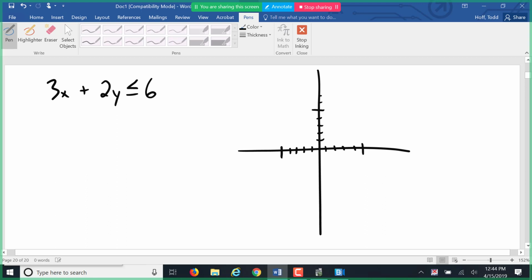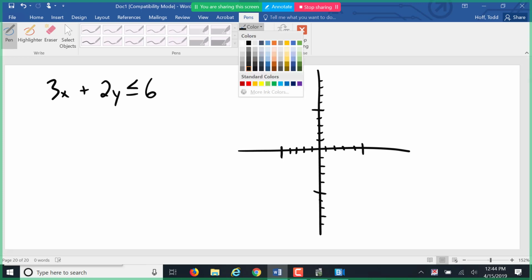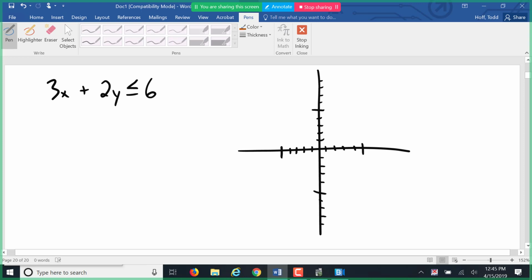What's our first step? Well, just like graphing lines, we have to make it y equals, don't we? Or get y by itself at least. What do we have to do to get y by itself?